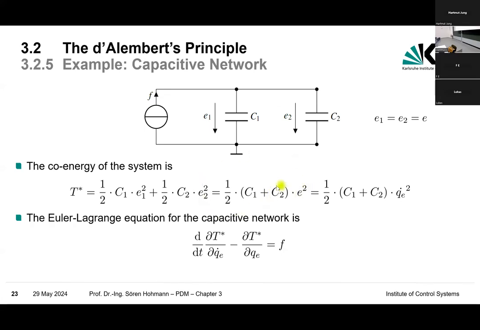Now, the important fact comes: we know that E1 and E2 are equal, so here is the holonomic constraint. So we write down a half C1 plus C2 times E squared here.